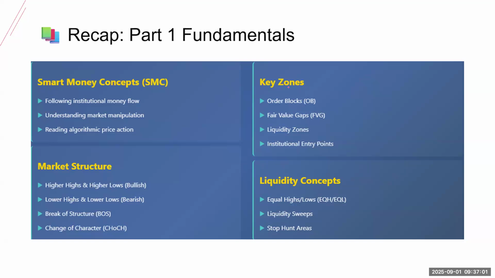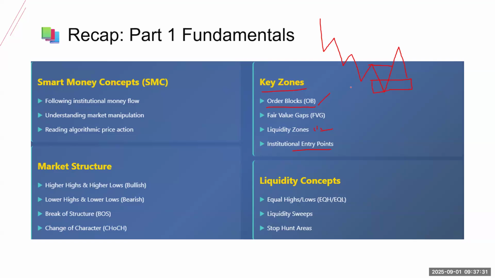Okay, and key zones, right? We have the order block, which is OB. We have FVG or fair value gap, and liquidity zones, where we see a lot of wicks, a lot of rejection. Institutional entry point means whenever you see price make a lower low, lower high, and take out the change of character here, you wait for price to pull back somewhere around this level.